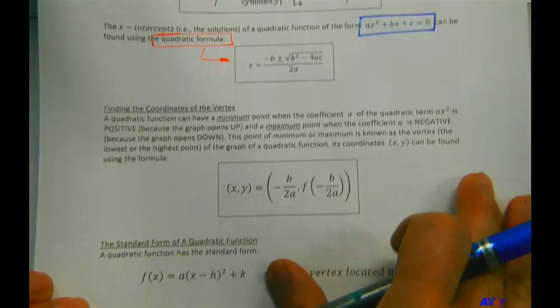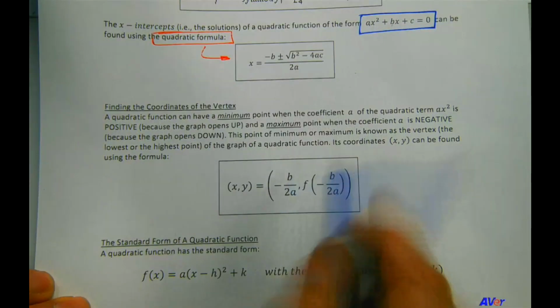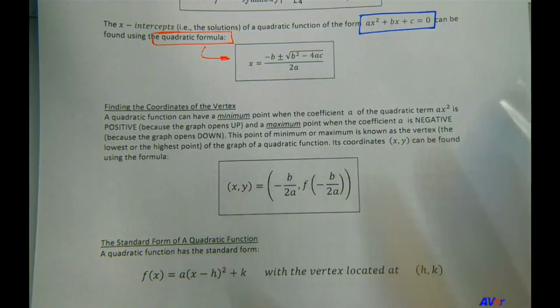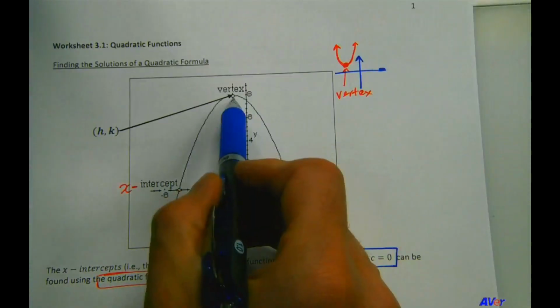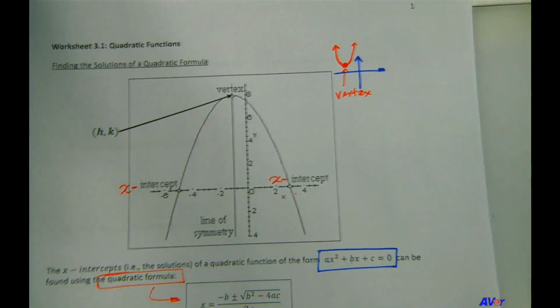Finding the coordinates of the vertex is very, very important, especially because in application problems, otherwise known as word problems, that vertex means something. First we said it's a maximum or minimum, so it represents the maximum or minimum of something.